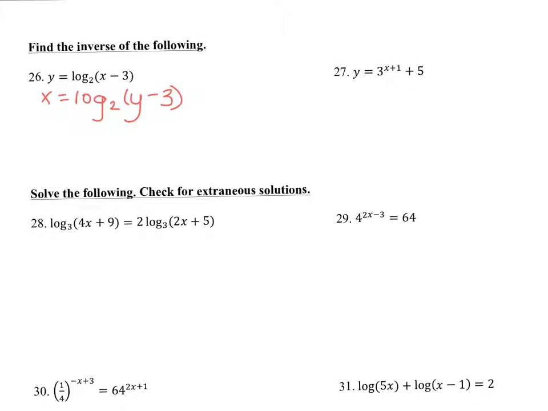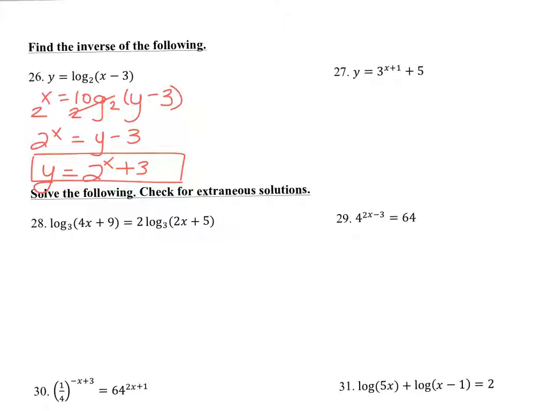Now I have to solve for y. To break the log up from y, I have to raise it to the 2nd power. So this is 2 to the x equals y minus 3. Now I'm going to add 3, so y equals 2 to the x plus 3.